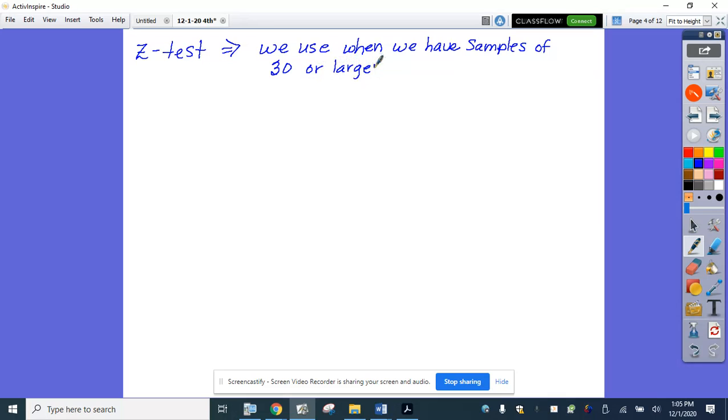If I have less than 30 in my sample, unless I'm just told that I have to use a z-test, I would not use a z-test.